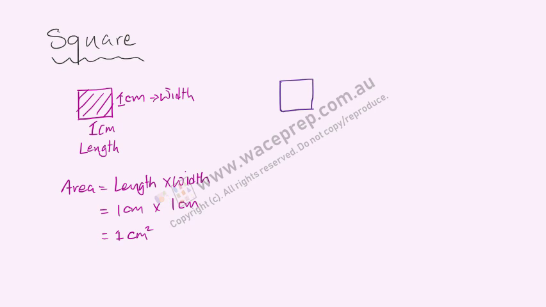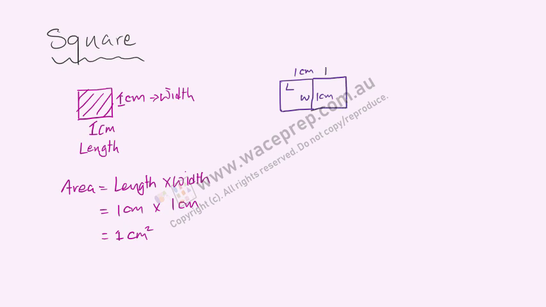Let's write it outside. 1 centimeter by 1 centimeter dimension. Let's call this one length and this one width. Okay, now what if we add another square next to it, right there.